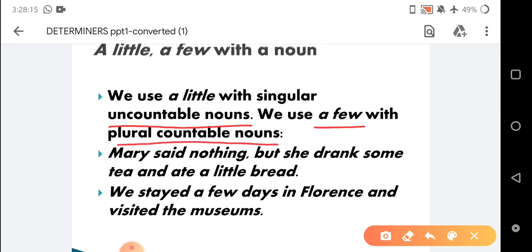This is few. Mary said nothing, but she drank some tea and ate a little bread. Just make sure we cannot count bread as it is. When we are counting slices of bread or loaves of bread, it becomes countable. Otherwise, it is uncountable.